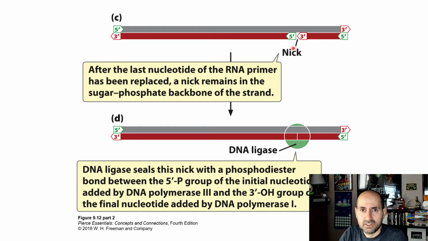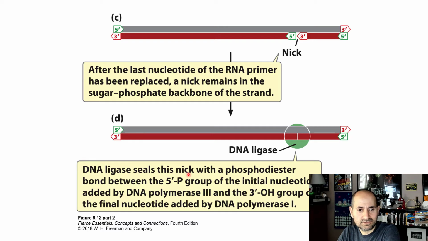Again, after DNA polymerase I does its job, the Okazaki fragments are not linked to one another. There's still a break in the sugar phosphate backbone of the DNA, a phosphodiester bond that needs to be repaired. And the job of that is ligase. Let's see what it says here.